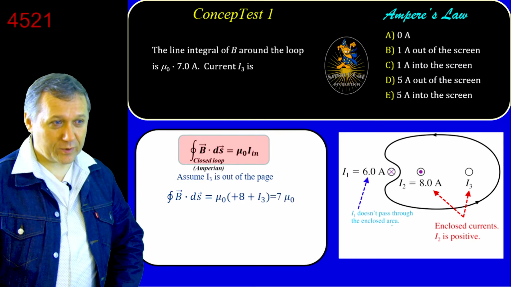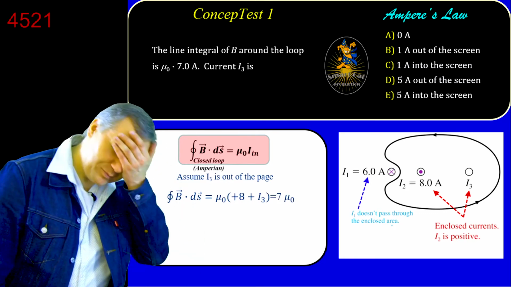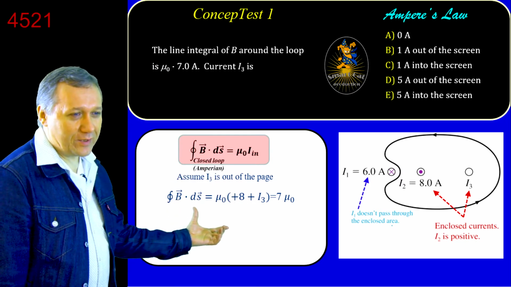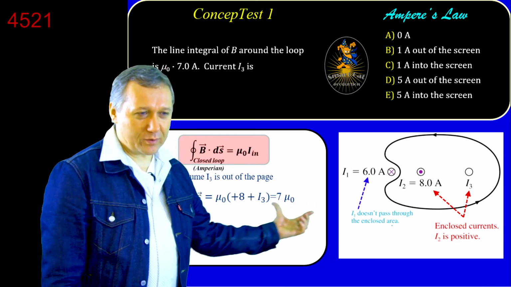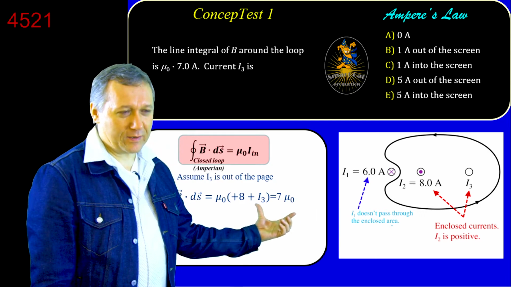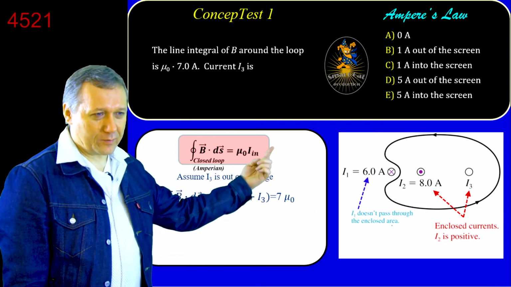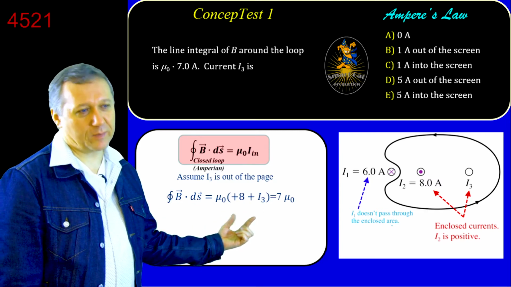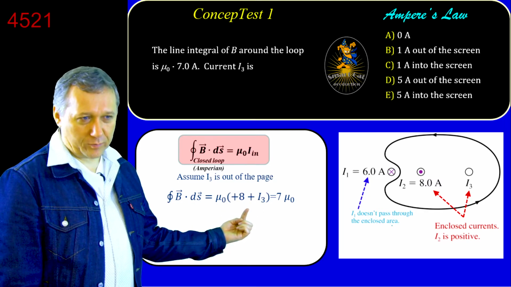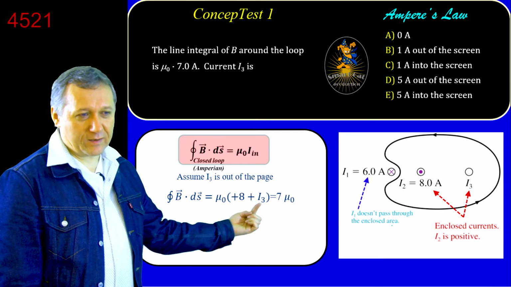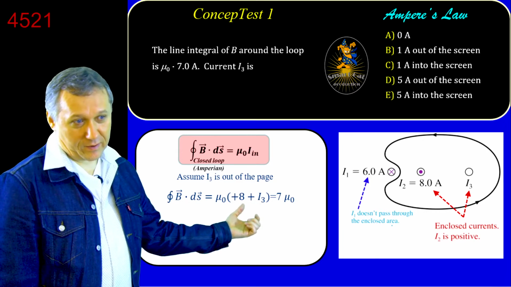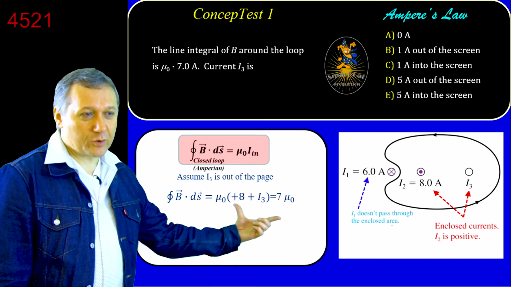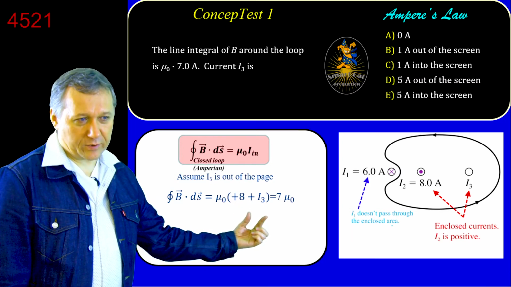Now we can write Ampere's law. B dot ds is our 7 mu naught. And mu naught times I enclosed will be mu naught times positive current I2 plus positive current I3, according to our assumption. Solve it for I3, our unknown.